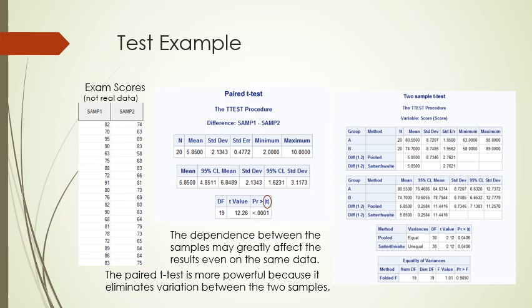For example, the boy and the girl in the study pair spent similar study time. Thus, we don't have large variation in the study time between the two samples. However, the study time may vary between the girls and the boys when they are independent.